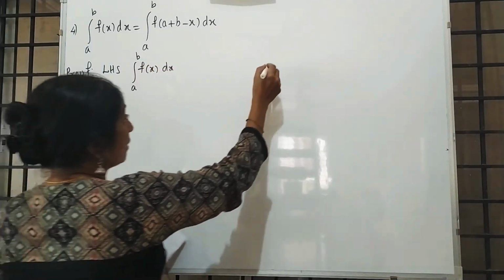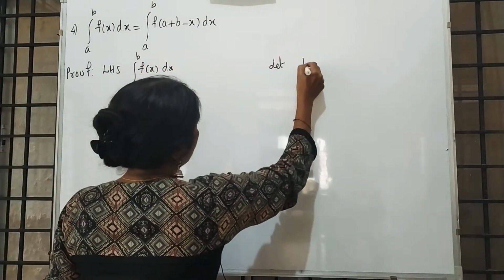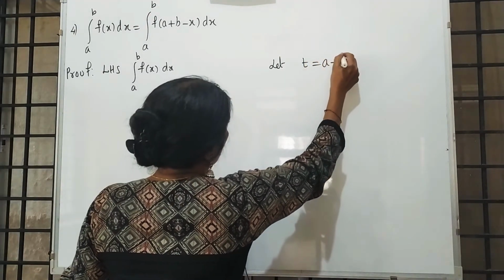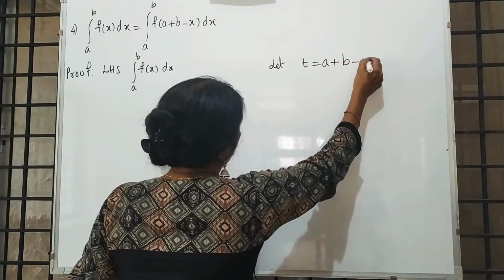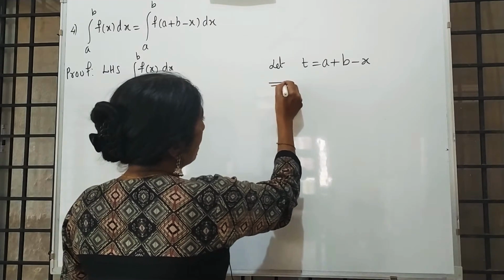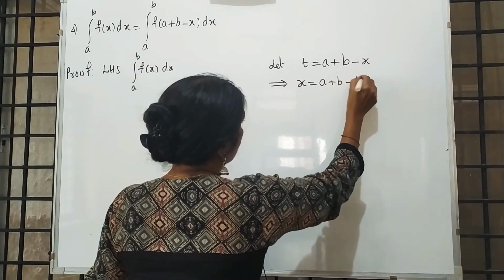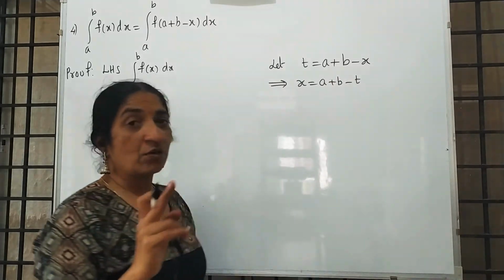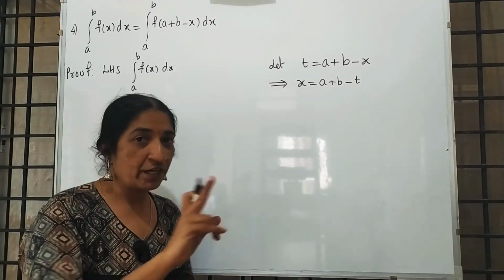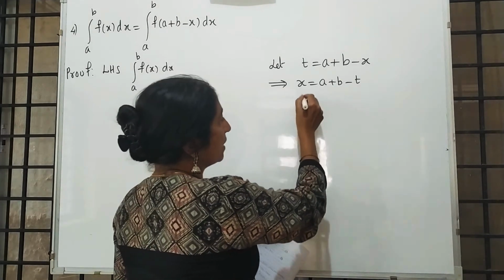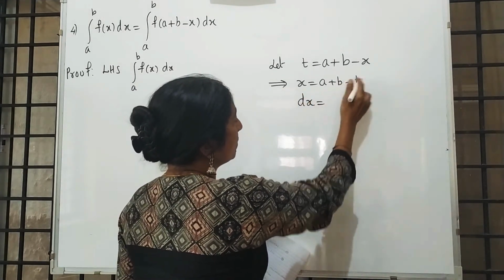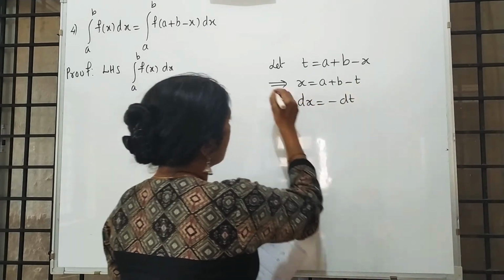For our convenience to prove the result, let t is equal to lower limit plus upper limit minus variable. When you rearrange, what is x? x is a plus b minus t. And whenever you are applying the method of substitution, we have to differentiate. dx is equal to minus dt, since a and b are constants.